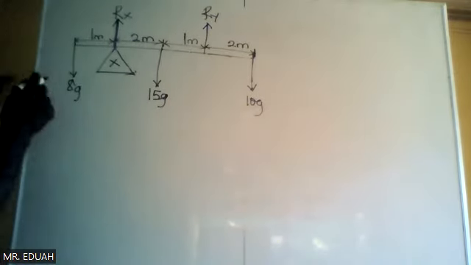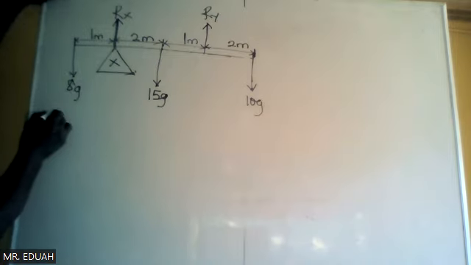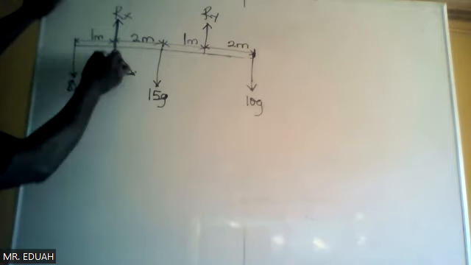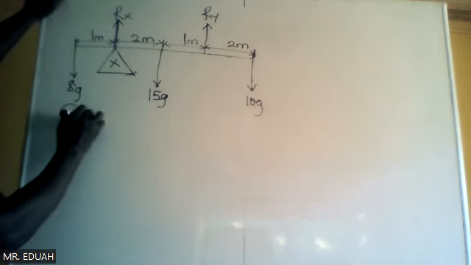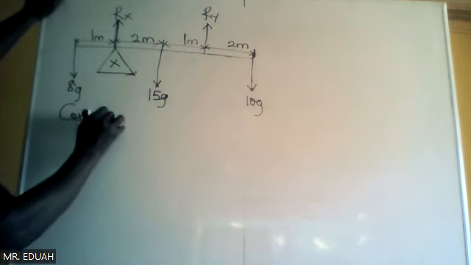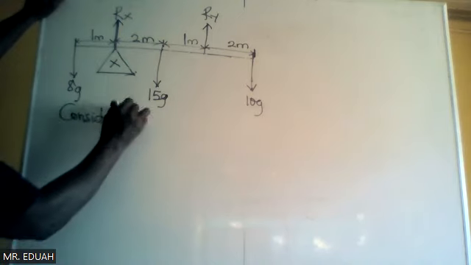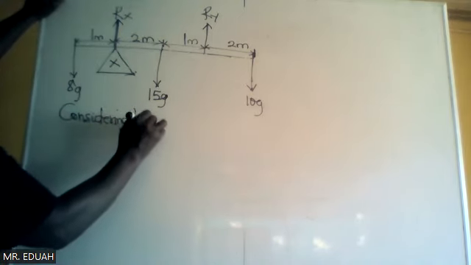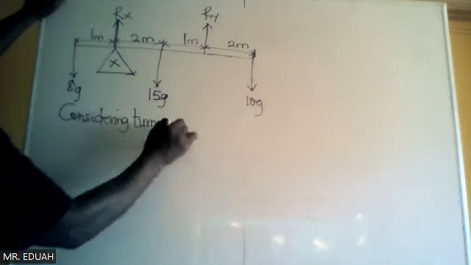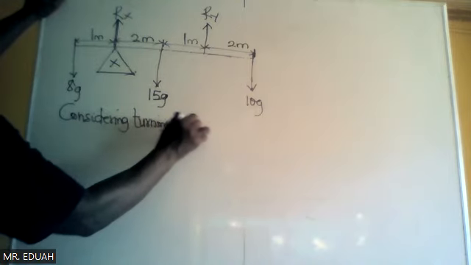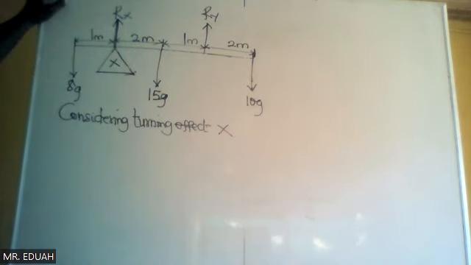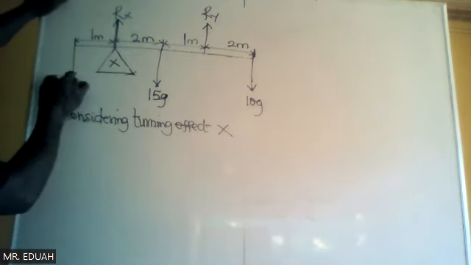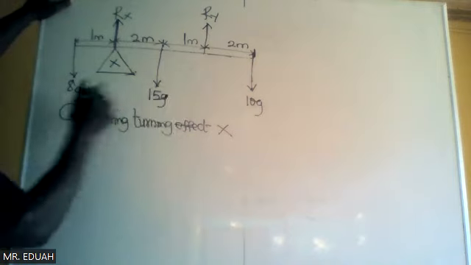You have this mass. Okay, so here we are considering turning effect or moment around X. You look at the turning effect produced by each one of them.